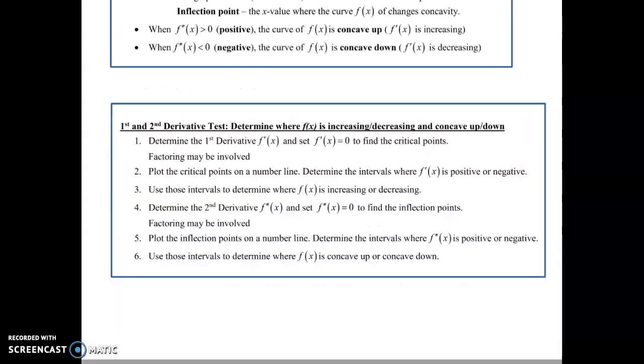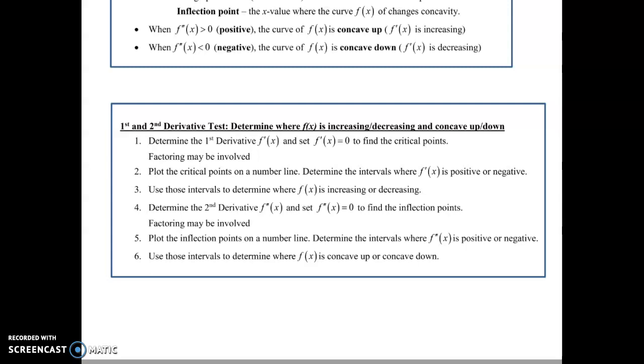If you look at this last box on this first page, we go through the steps for determining where the function is increasing and decreasing, and where it's concave up and concave down, just from an equation. Our first step is to find the first derivative and set it equal to 0.